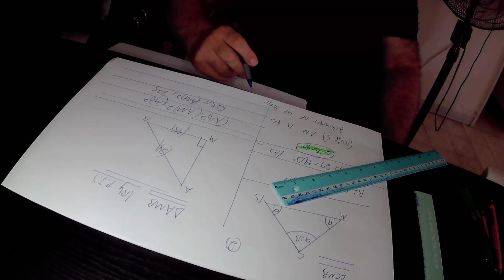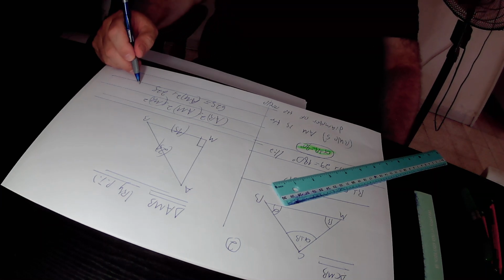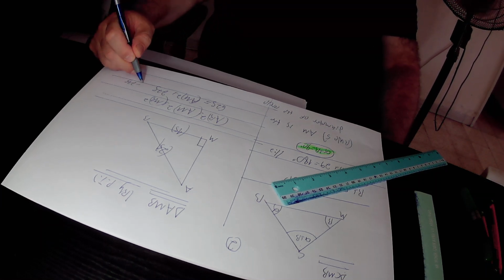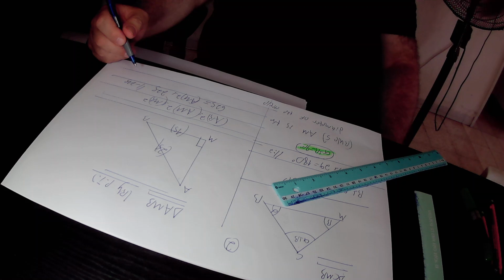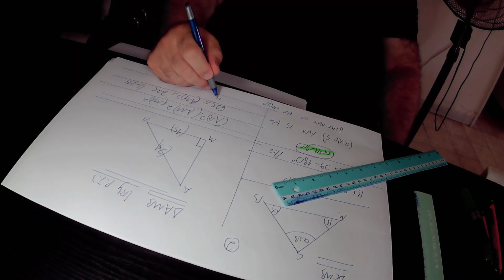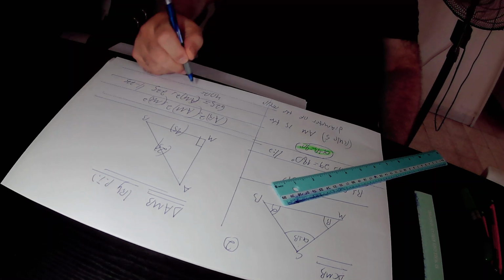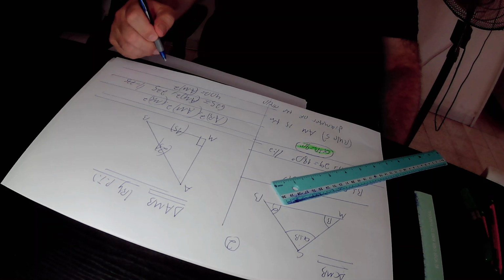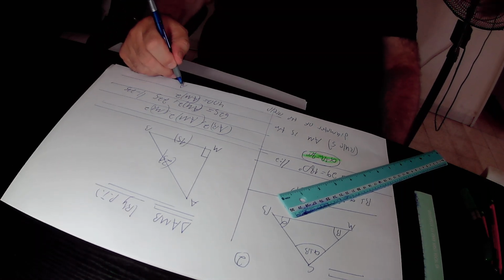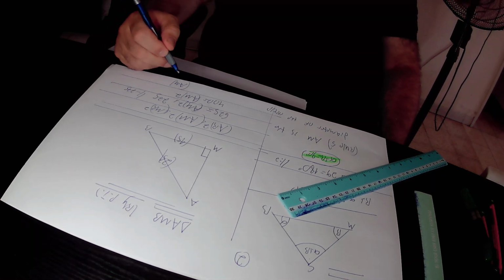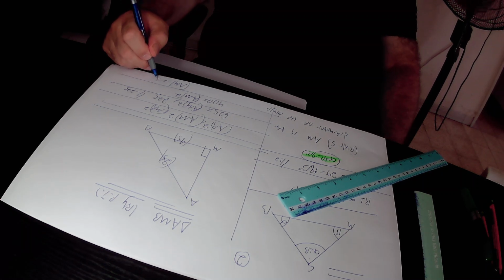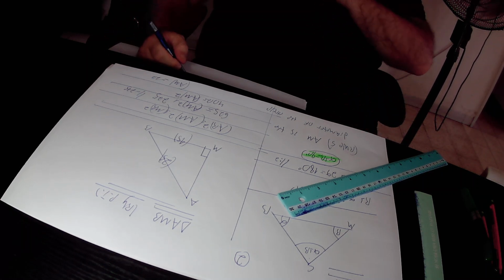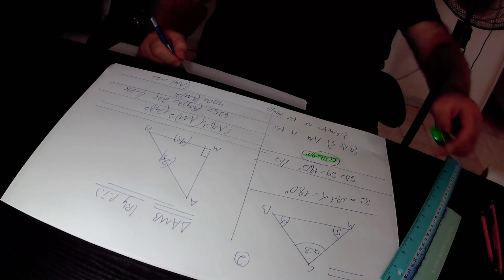Here we subtract 225 from this equation, and 625 minus 225 is 400. So 400 equals AM squared. Here we take the root and finally get that the missing side AM equals the square root of 400, that is 20. So AM equals 20 units in length.